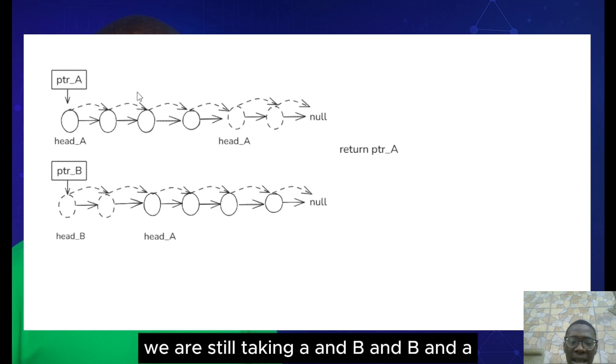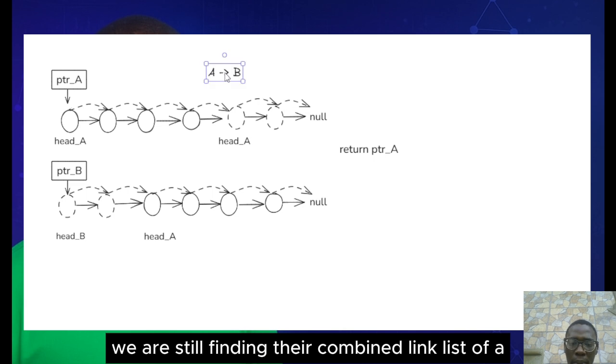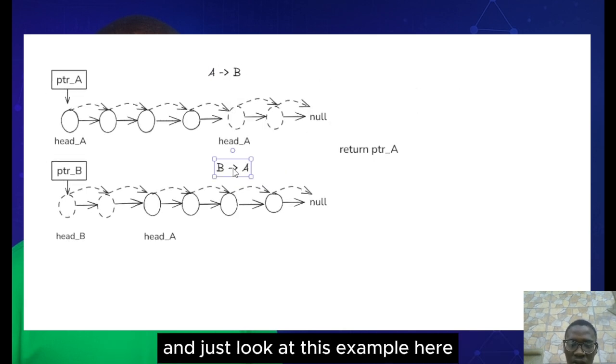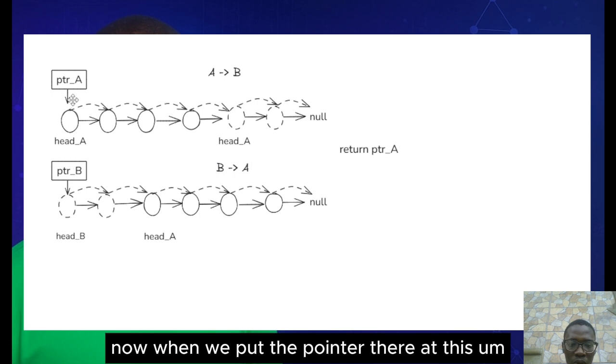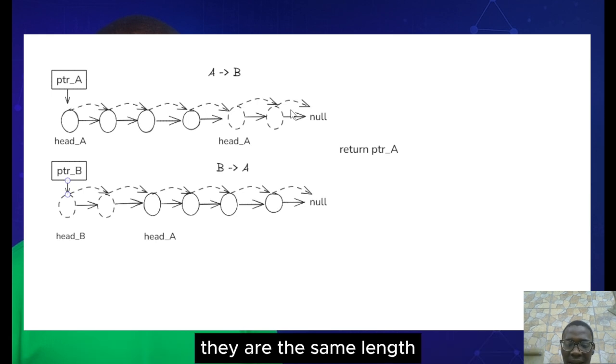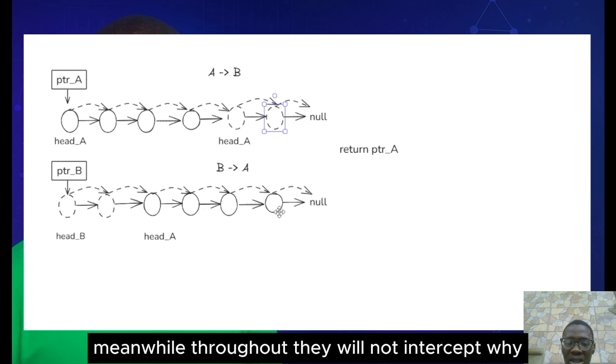We are still taking A and B and B and A, finding their combined linked lists. Just look at this example here. When we put the pointers at their combined lists, we will keep moving, and because they are the same length, they are going to reach the ending at the same time. Meanwhile, throughout, they will not intersect.